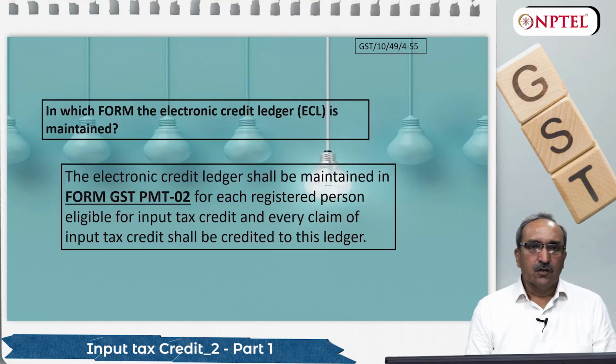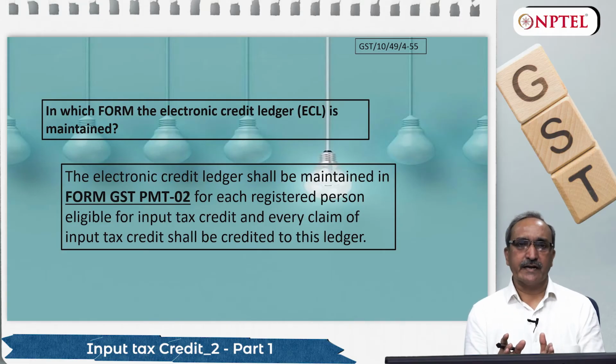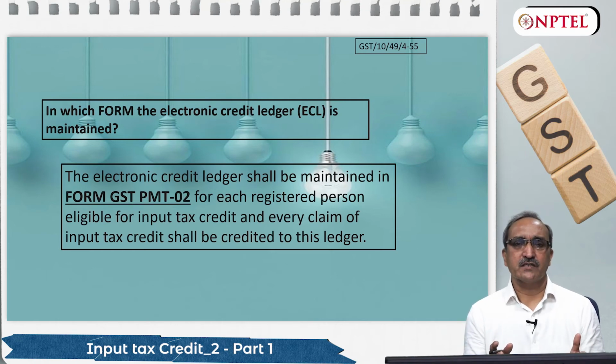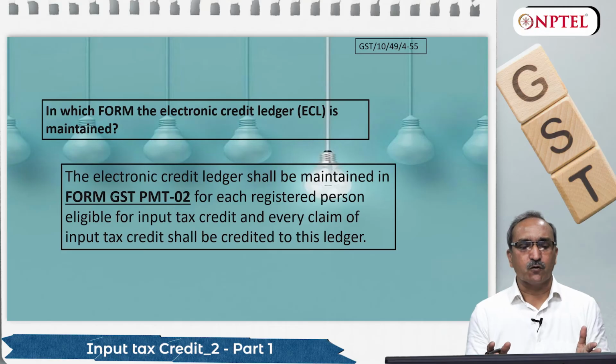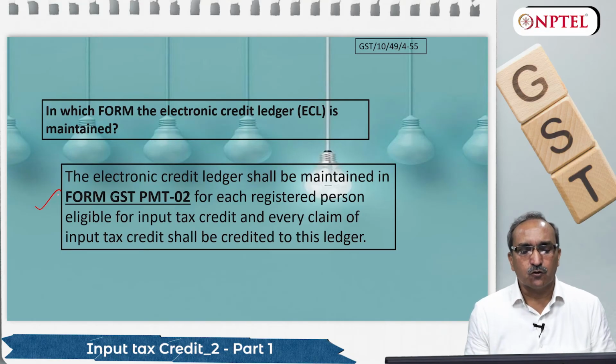So friends, in GST I told you that everything is maintained properly with full transparency in a set system. For the electronic credit ledger, we have a set format: what information is to be mentioned over there and how it should look. This is a predetermined form available on the GST portal, in form GST PMT 02.